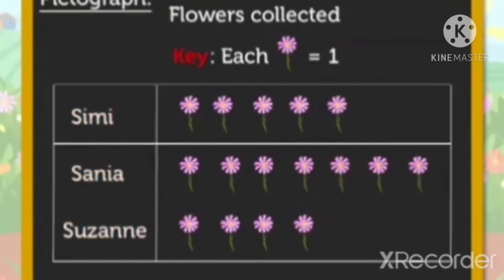The key tells us that each flower picture is equal to 1 flower. Hence, from the pictograph, we can say Simi collected 5 flowers. Sanya collected 7 flowers. And Suzanne collected 4 flowers.